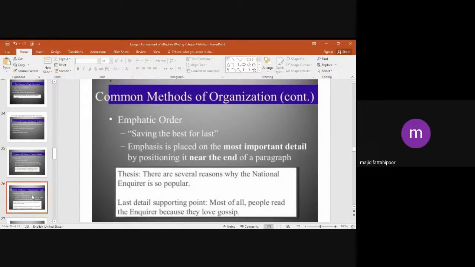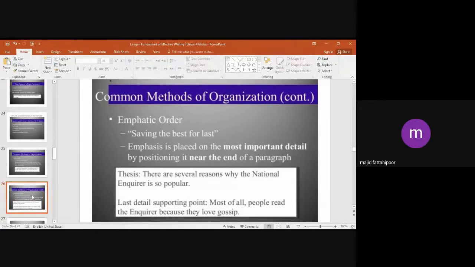But there is another way of ordering. Sometimes you cannot do it according to time because the topic does not lend itself very well to time order. The topic is different, and it's not about a timely process at all. You can use another order, which is called emphatic order.